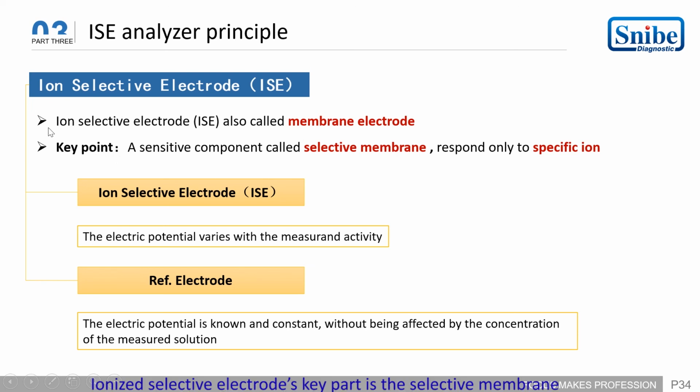The ion selective electrode's key part is the selective membrane, which makes it called a membrane electrode too. Its main characteristic is that it only responds to a specific ion.